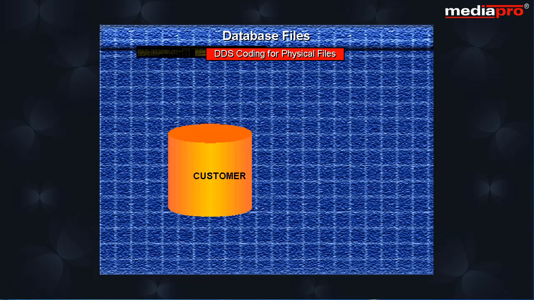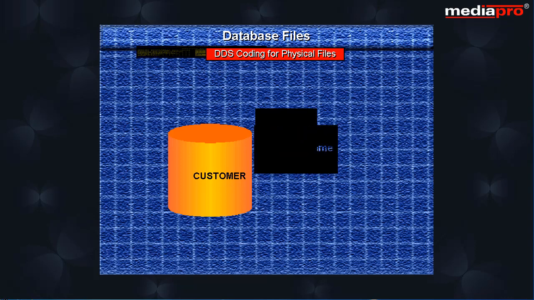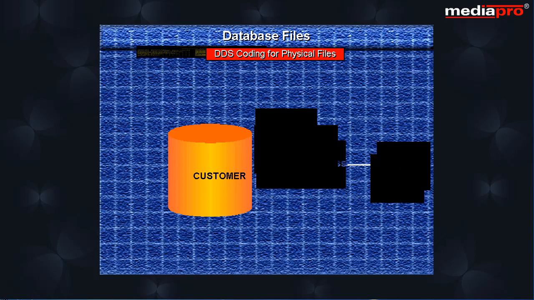In the database, we will store the following information: customer ID, customer name, customer address with street, location, city, PIN code and state. Also, we would like to sequence the file on customer ID.